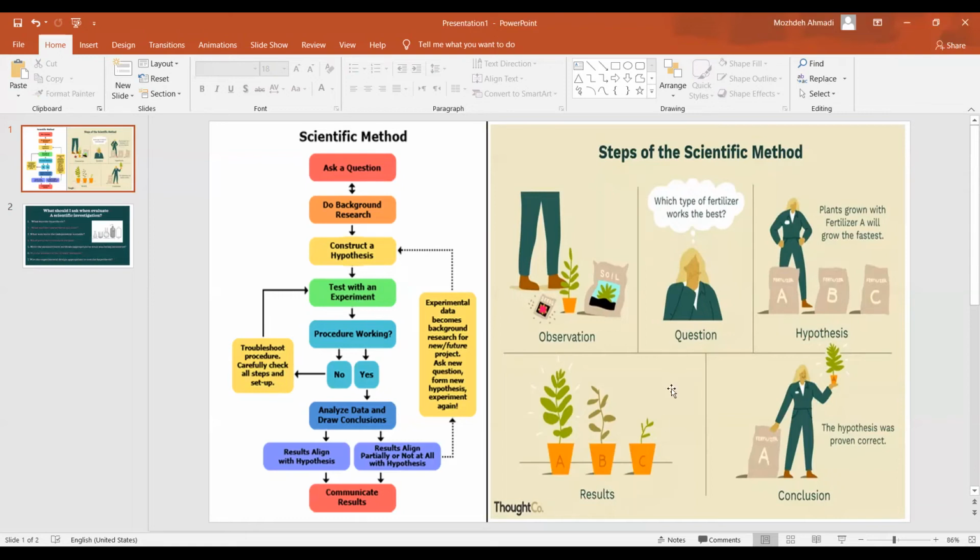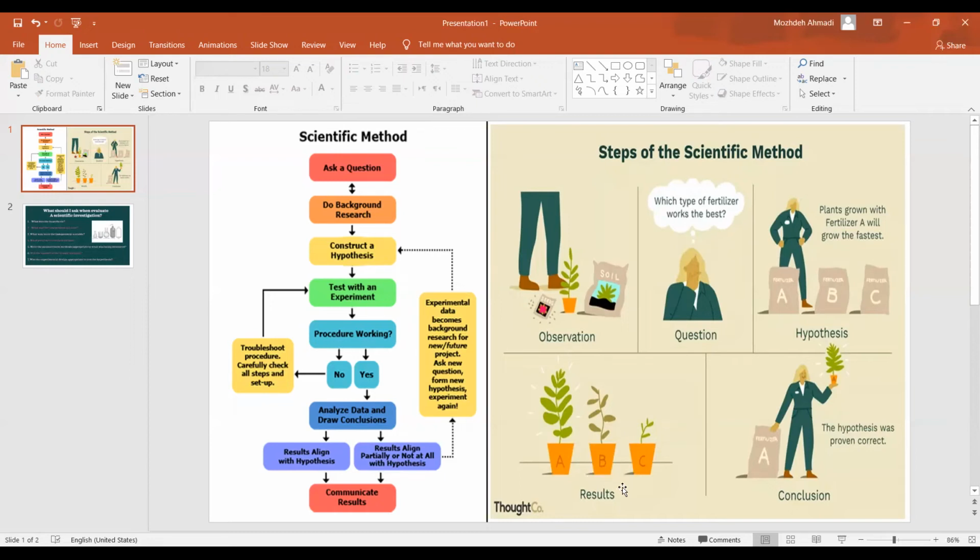For example, you cannot give a glass of water to plant A, but forget to give water to plant B or plant C. If you change the amount of water, the amount of water can change the result of your experiment. It means that you have more than one independent variable.